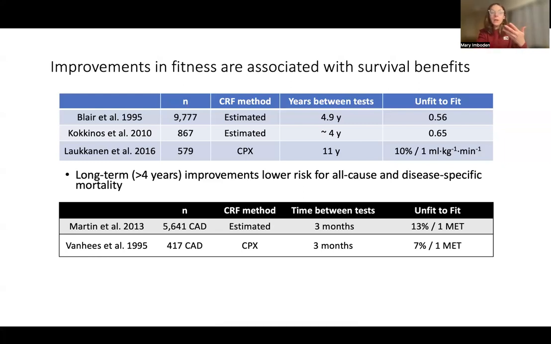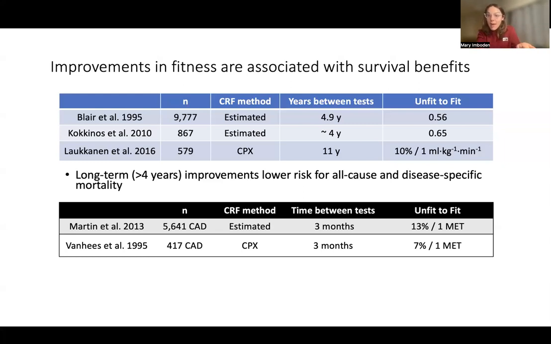These two studies here, Martin et al. and Van Hees et al., showed that with an exercise training program of about 3 months, we saw in many folks improvements from their VO2 max test or cardiopulmonary exercise test from baseline to follow up, or maybe they just did an indirect method as the Martin study did.